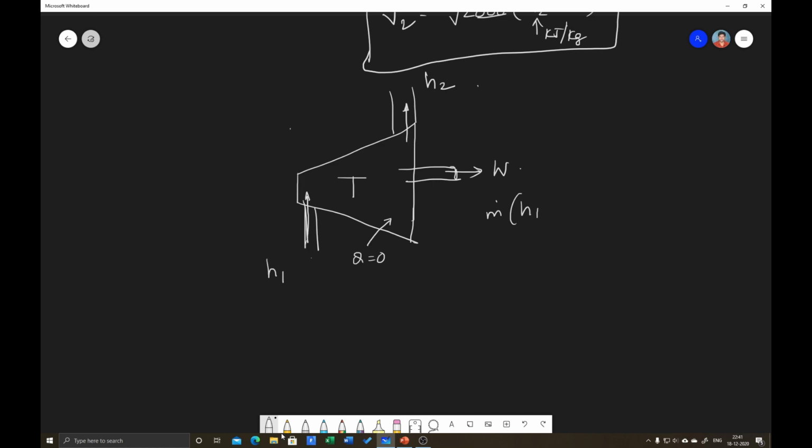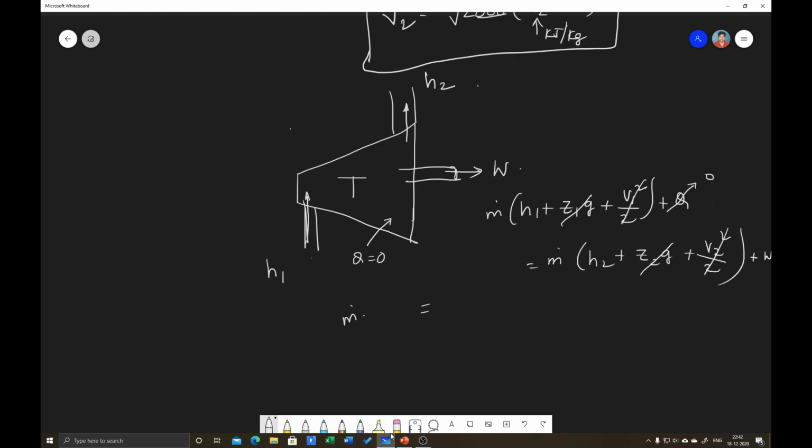Here, if we apply the steady flow energy equation, m dot into H1 plus Z1 g plus V1 square by 2, plus Q, since it is input to the system, equal to m dot into H2 plus Z2 g plus V2 square by 2 plus W. Here Q is 0 and the velocities can be neglected.